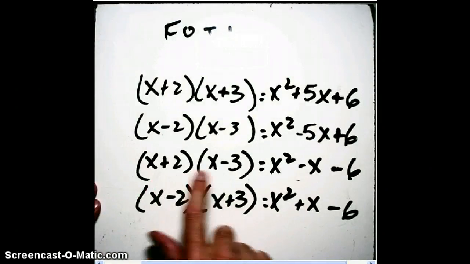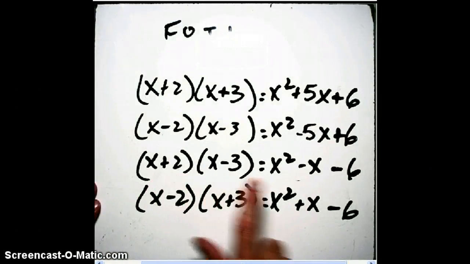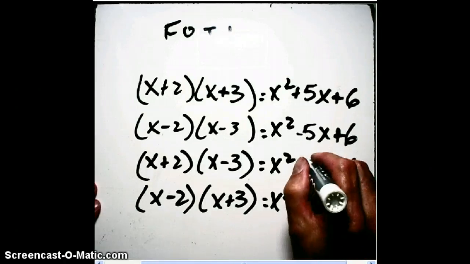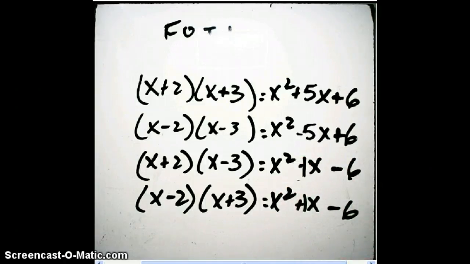I got a 2, I got a 3, the number 3 is higher. Oh, it's negative. Here I have a 2 and a 3, the 3 is higher. Ooh, it's positive. To get that coefficient, you go 3 minus 2. So that's a plus 1x, that's a minus 1x. That is very, very important.